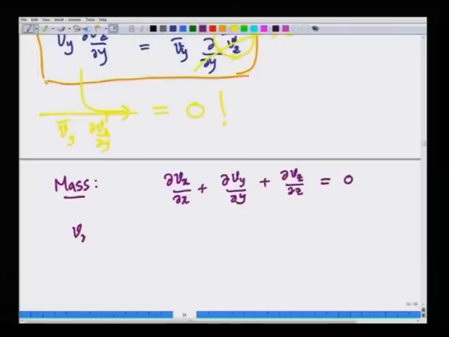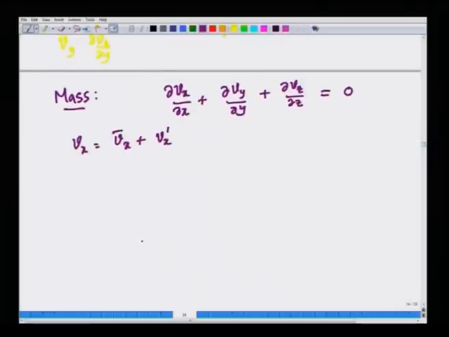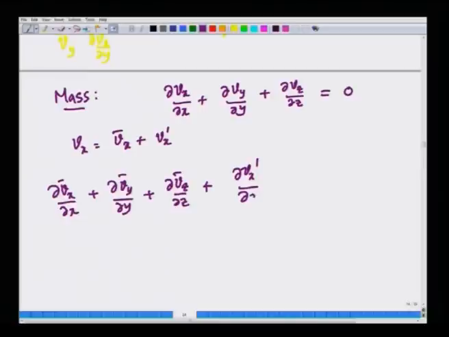Now, I am going to write Vx as Vx bar plus Vx prime, split it into 2, and then write this expression in terms of the mean and fluctuating parts. Now I will do a time average of this entire equation.